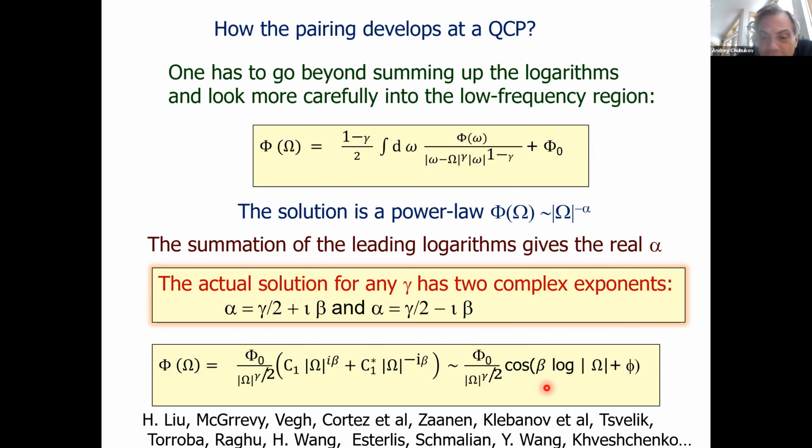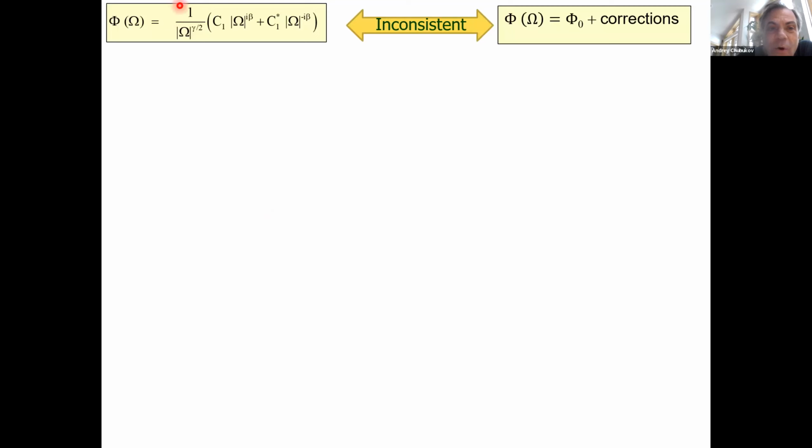So now you have a situation. On one hand, at low frequencies, you know that your solution must oscillate. On the other hand, you know that if you start with high frequencies, you start with a constant and then all coefficients in the equation are positive. So corrections only increase your phi. You will never change its sign, which means that perturbation theory is consistent with what you see at low frequencies.